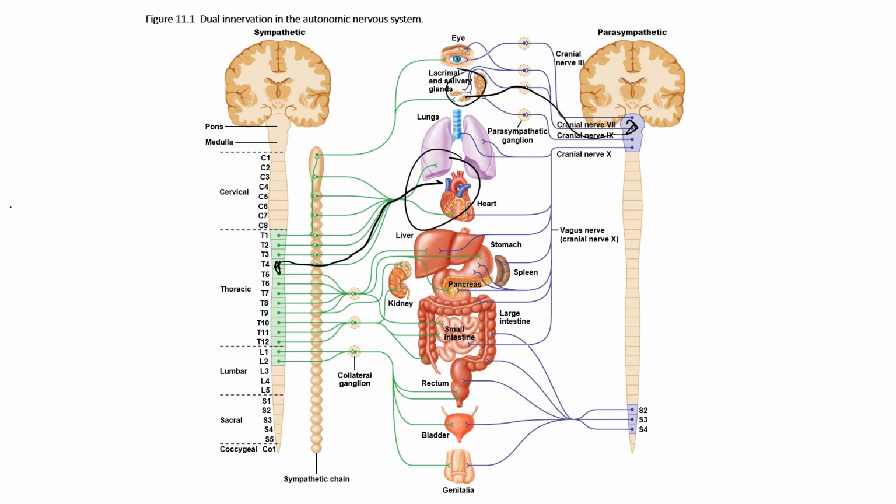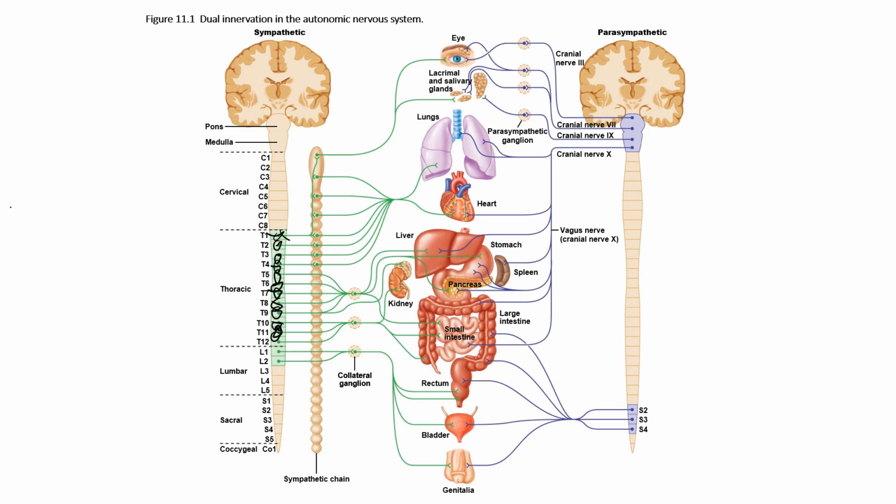What this image shows you are nerves. There are more neurons than just this that travel through the thoracic nerves, but largely what travel through our thoracic nerves are autonomic motor neurons of the sympathetic category.